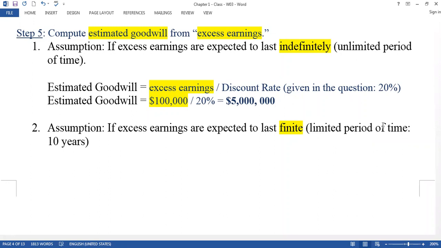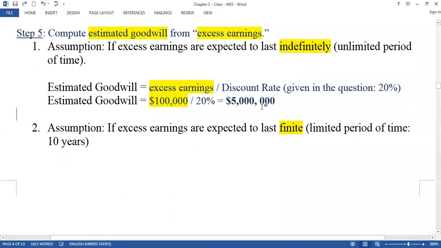Do you understand? So in this example, we are going to buy another company, but if you don't buy another company, you can invest this money in any place. And what should be the return? This is actually the market return. So excess earnings divided by the discounting rate will give you, it is $5 million or $500,000, 5 million.